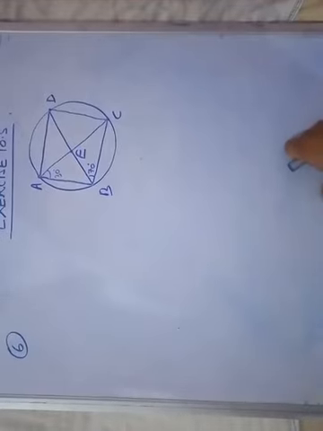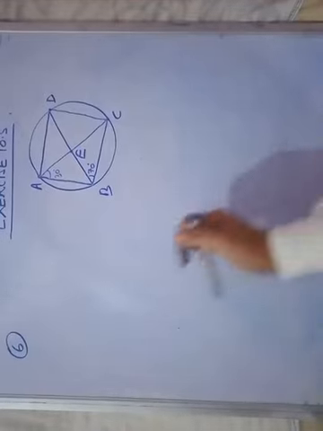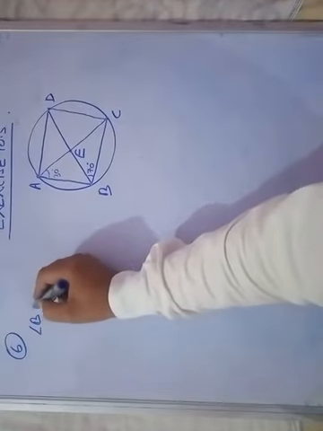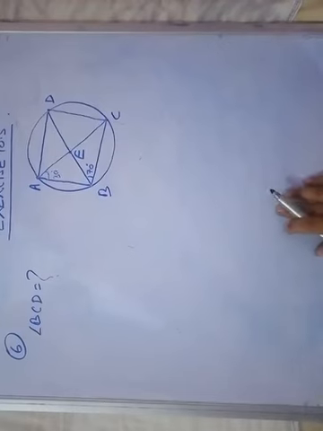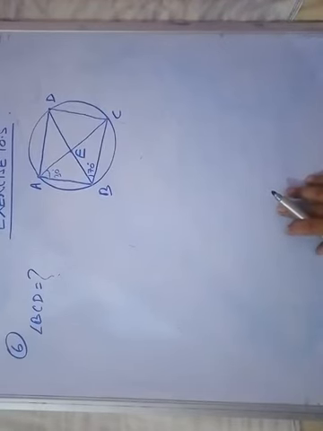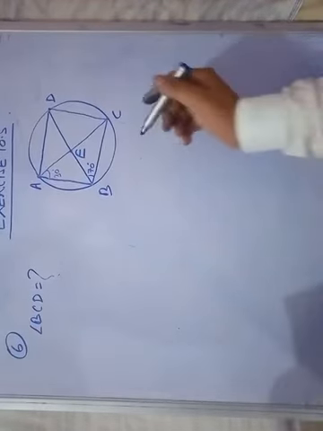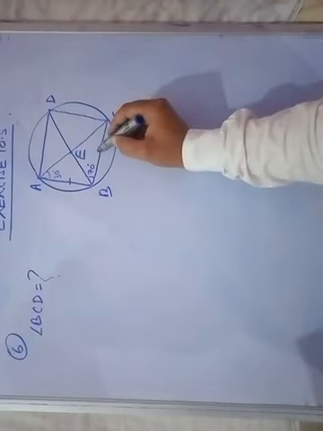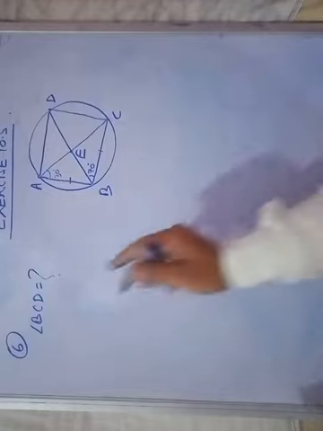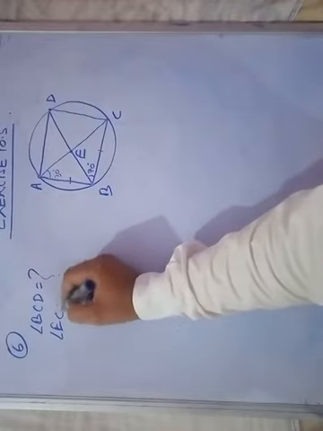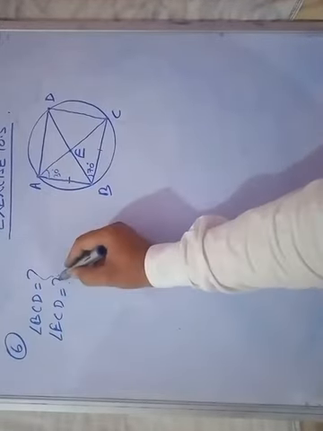And find angle BCD. Angle BCD we have to find. Further, if AB equal to BC, then find angle ECD. ECD also we have to find.